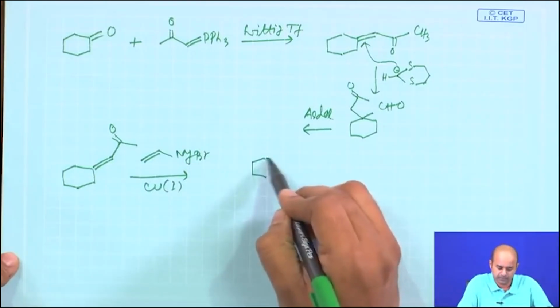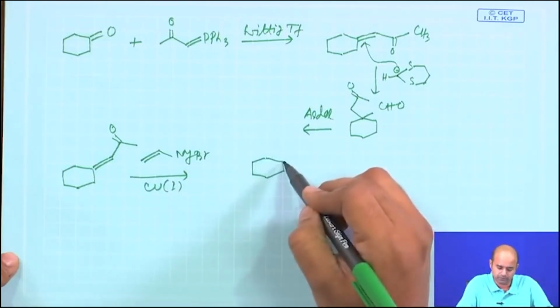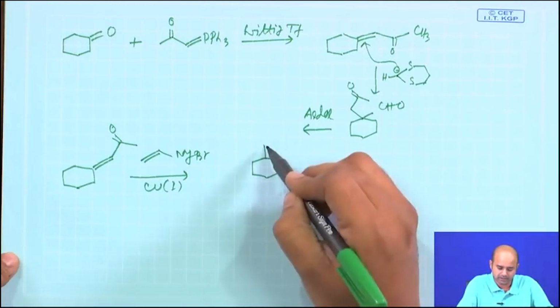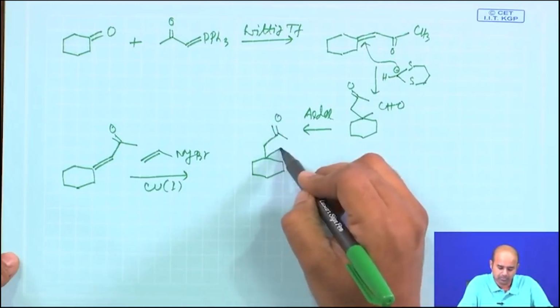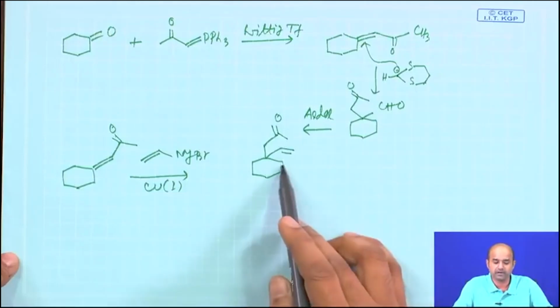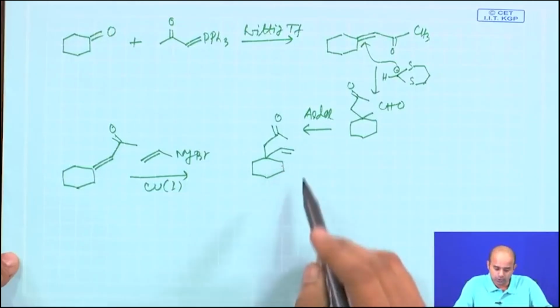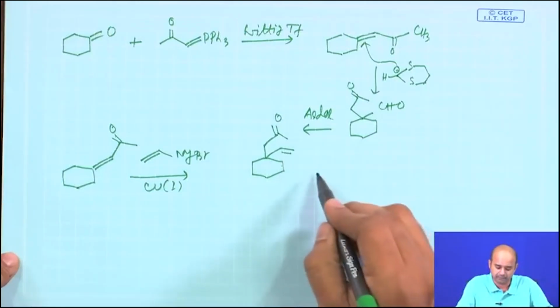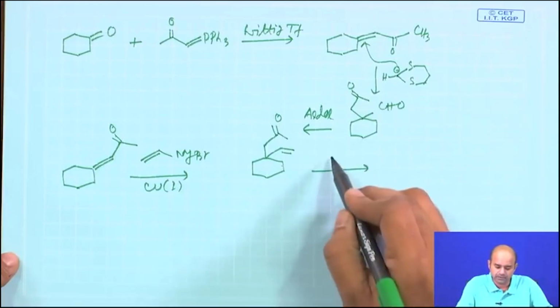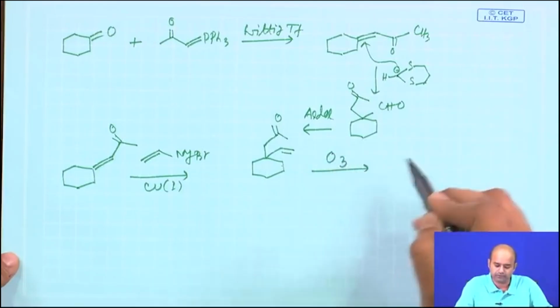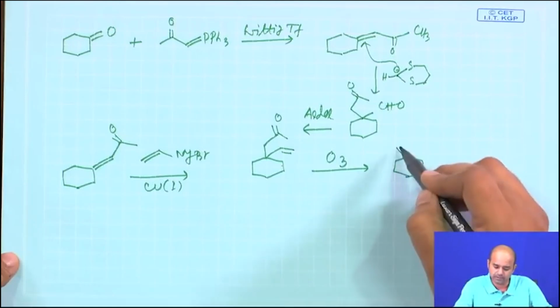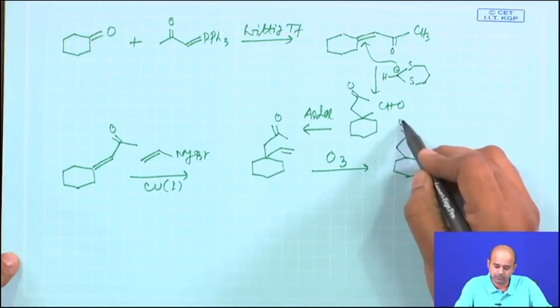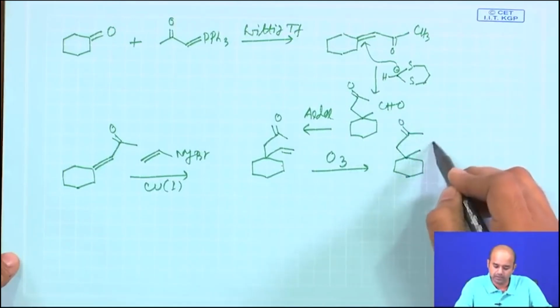You see this compound undergoing this particular reaction, and it will give you a vinyl group here. Now, what you need to do is convert this vinyl to aldehyde, which we already discussed, you can do by ozonolysis or any oxidative cleavage. So, then you will have the aldehyde.